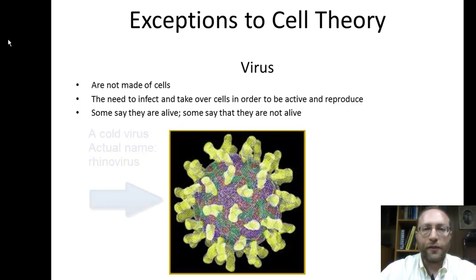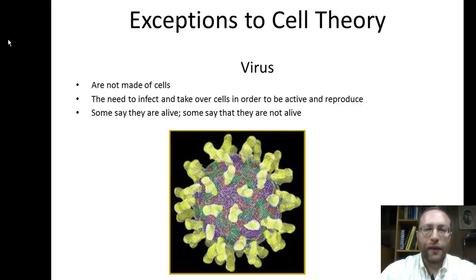The first exception is the virus, and this is probably the more common one that you see questioned on the Regents exam. They are an exception because they are not made of cells, and many scientists don't really consider them to be alive. We're going to see in the lesson coming up that we do in class and not have as a vodcast what the characteristics of life are, and the virus does not meet all of those characteristics.